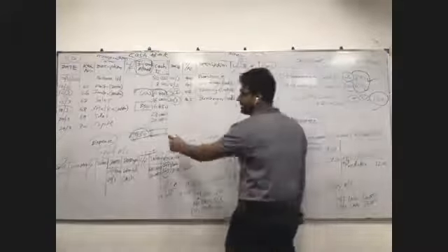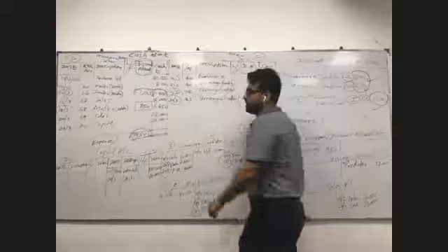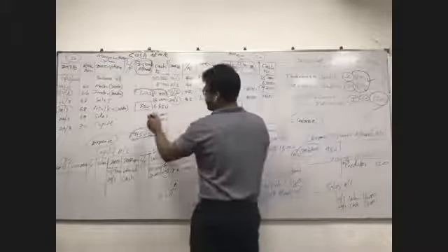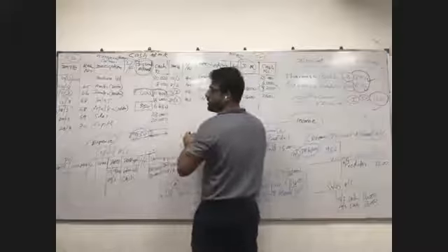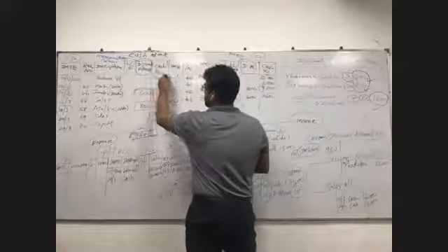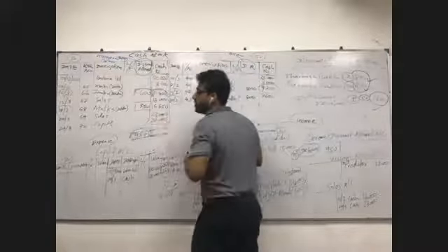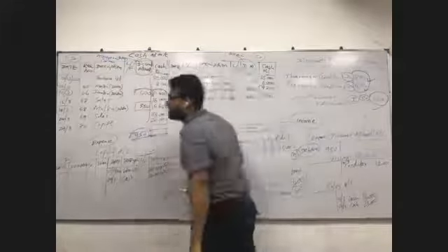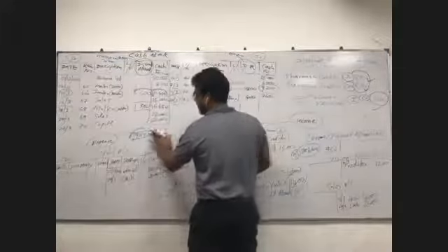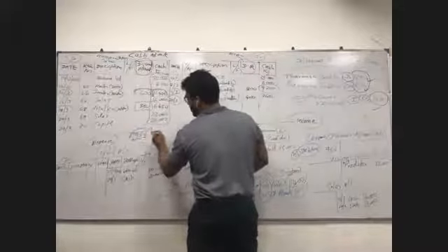Can someone add the debit side first? The debit side of the cash book, how much is this amount? Quickly add it. 165,050. Is that right, guys? Others also double check it.